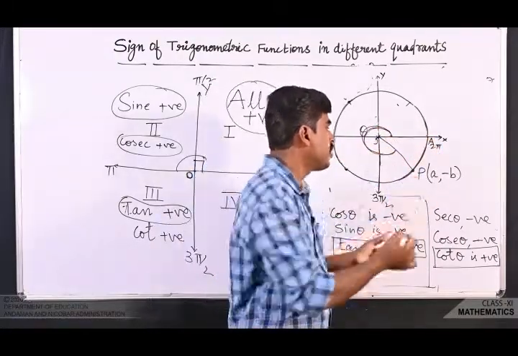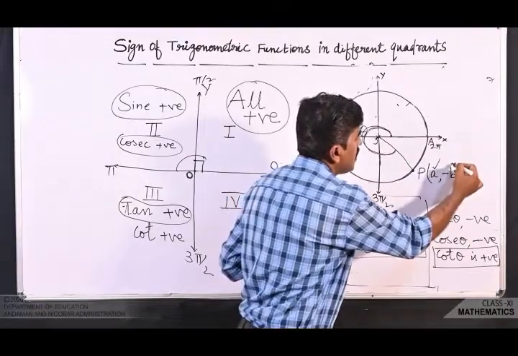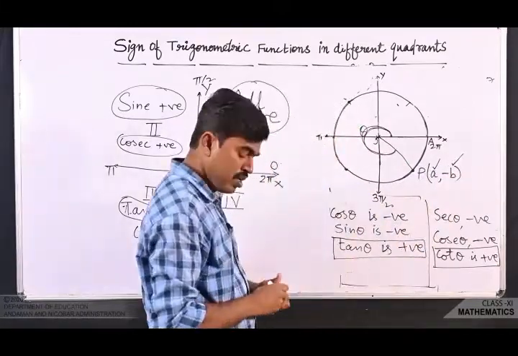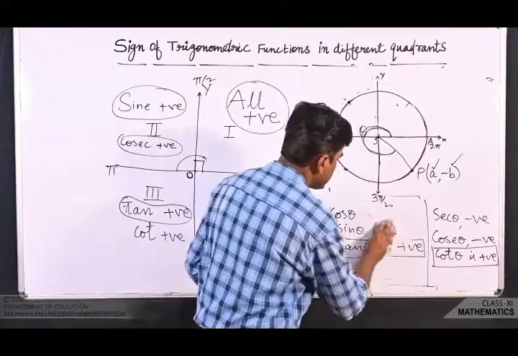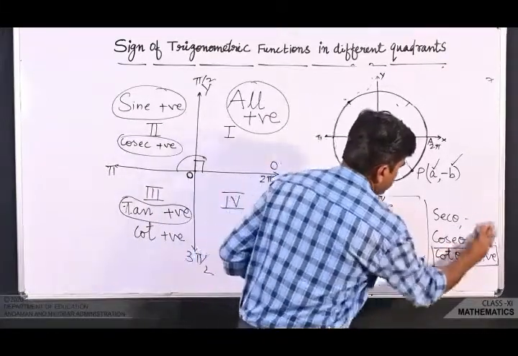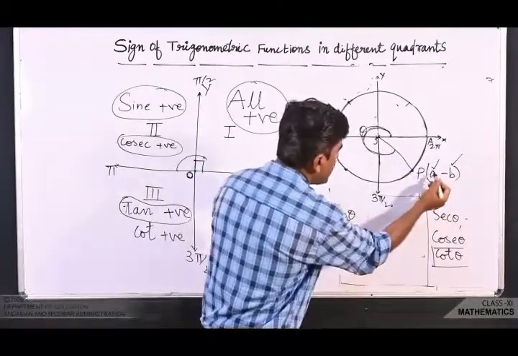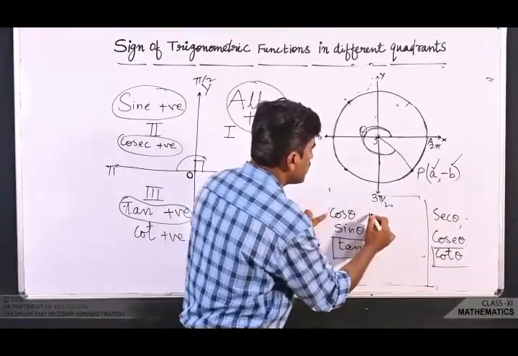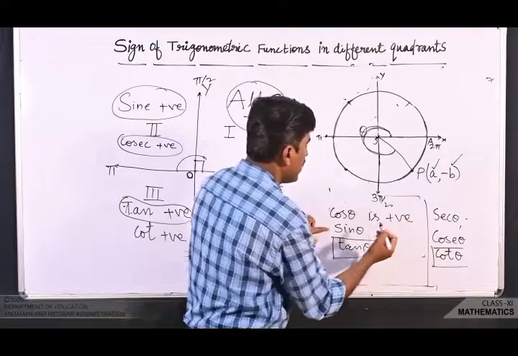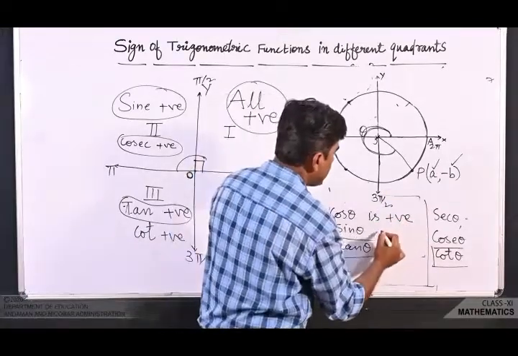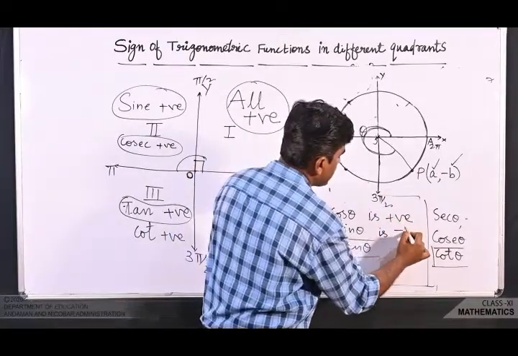So in this fourth quadrant, the x coordinate is positive and the y coordinate is negative. So cos theta is positive and sin theta will be negative.